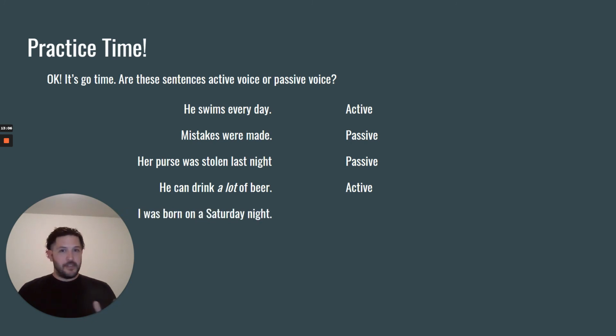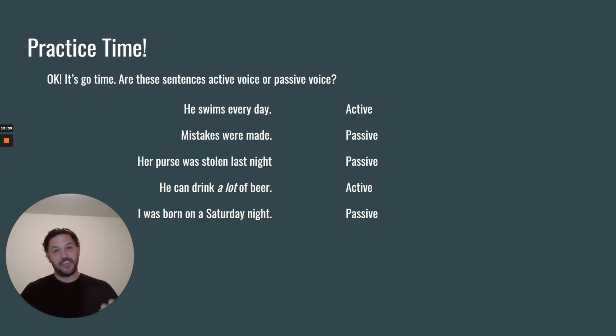Be very careful with this one. This is a sentence you probably know, you probably use. You might say, I was born in America, or I was born in Europe. And is this active or is this passive voice? This one's tricky. Look at it really closely. Okay, this is actually the passive voice. So you've probably been using the passive voice and you didn't realize it.